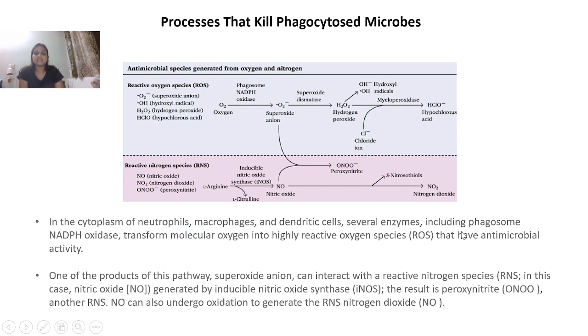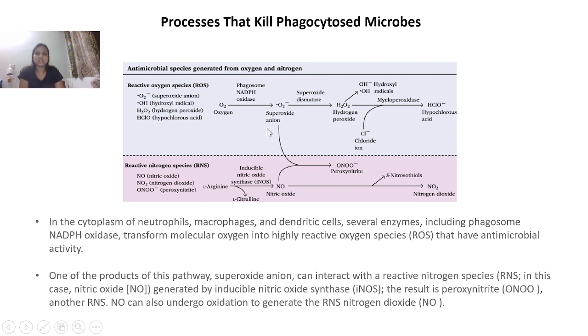Several enzymes, including NADPH oxidase, transfer molecular oxygen into highly reactive ROS that have antimicrobial activity. And another is the nitrogen species, like the superoxide anion can interact with the reactive nitrogen species, RNS.